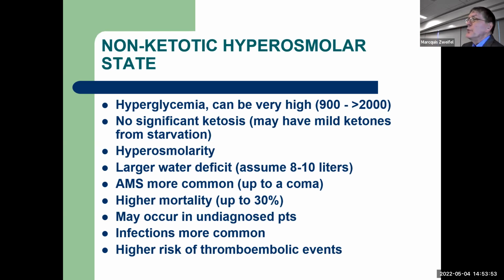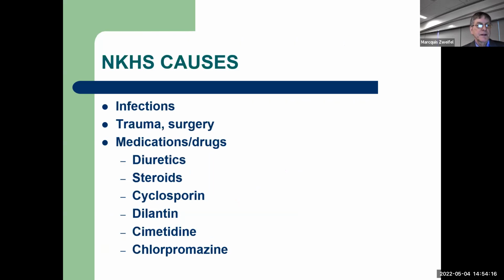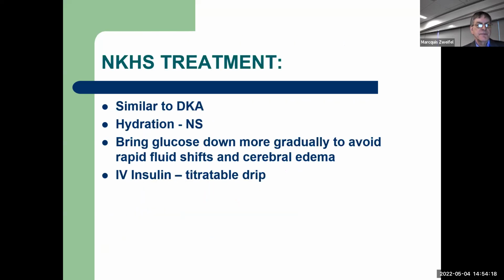I mean, if you don't even give them insulin and you just hydrate them, you're going to drop several hundred points right like that. So you're going to see that right away. You just don't want that to keep going. Okay. So again, I think I said the mortality is higher because of all these shifts, and same kinds of issues.